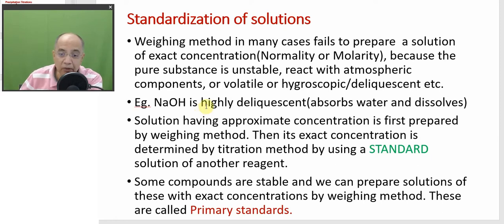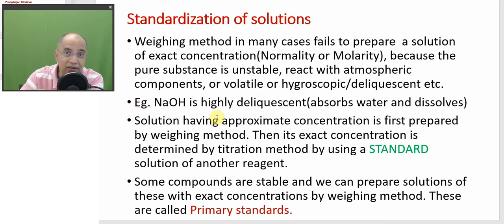Therefore, such solutions are prepared with approximate concentration. You calculate the amount needed for preparing a decinormal solution of sodium hydroxide, and whatever quantity of solid sodium hydroxide is required for a given volume of the solution, you calculate and accordingly take the weight and prepare.